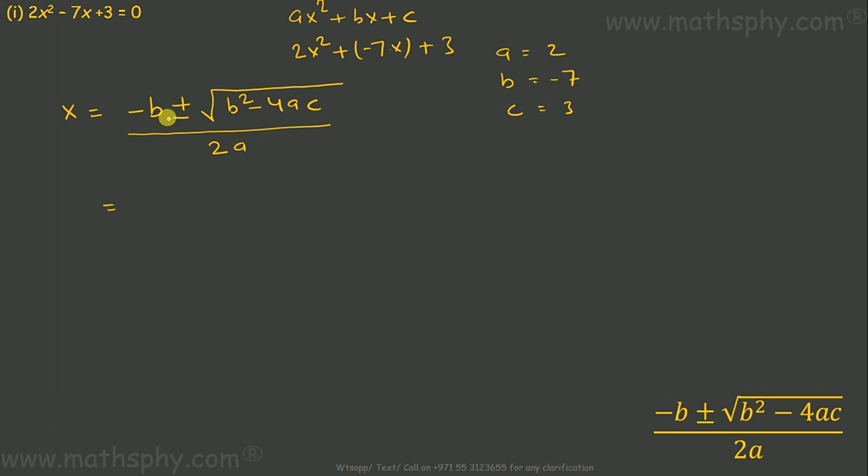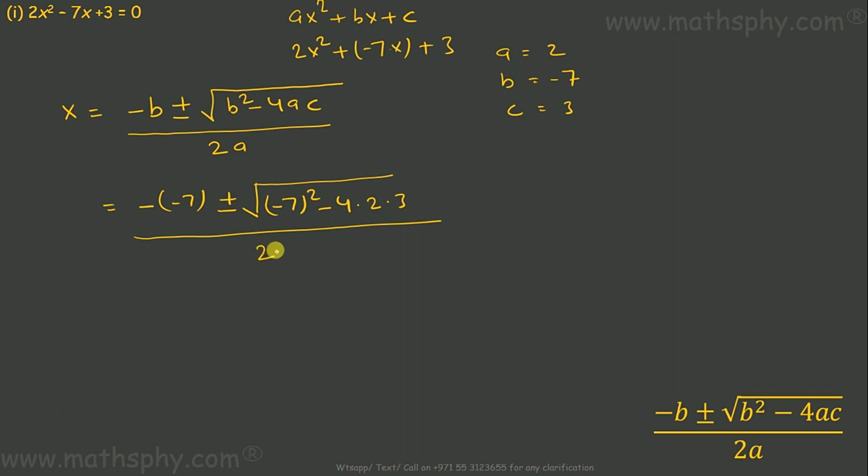So b is negative 7, so negative 7 plus minus root b square, means negative 7 whole square, minus 4, a is 2, c is 3. 4, 2 into a is 2.